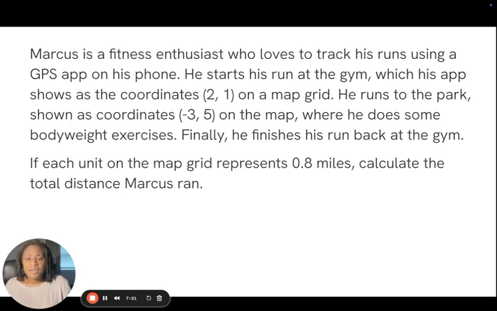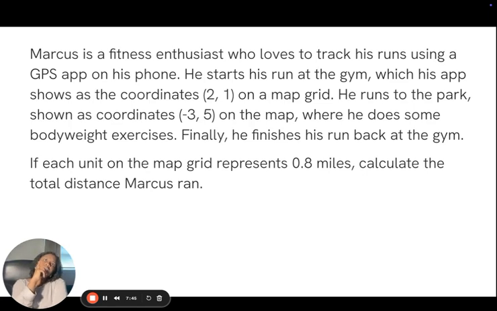Finally, he finishes his run back at the gym. So Marcus runs from the gym to spot B and then back from spot B to the gym. If each unit on the map grid represents 0.8 miles, calculate the total distance Marcus ran.